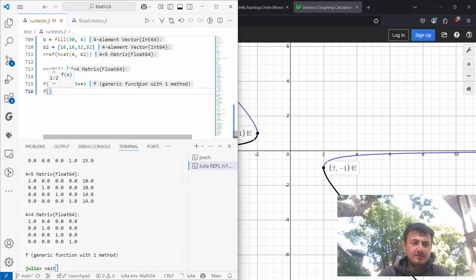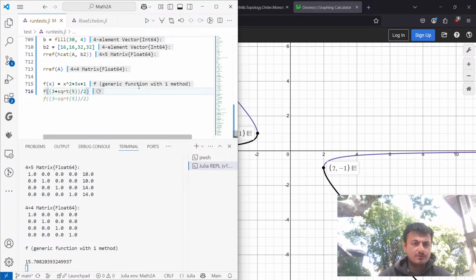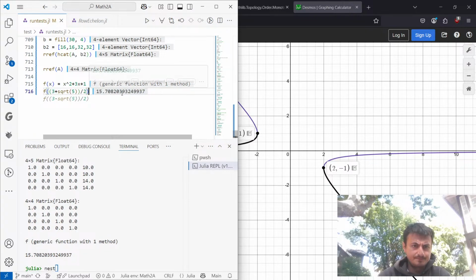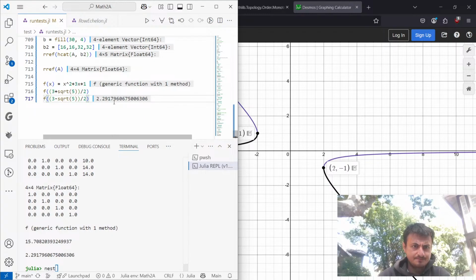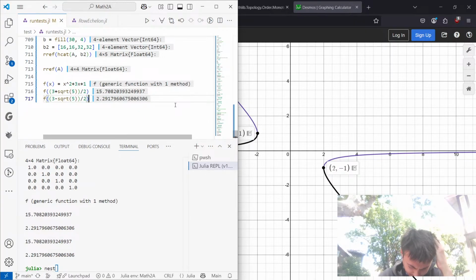And then we're going to call f of 3 plus square root 5 over 2, and then I want this one. Wait. I think I did something wrong because they can't both be.